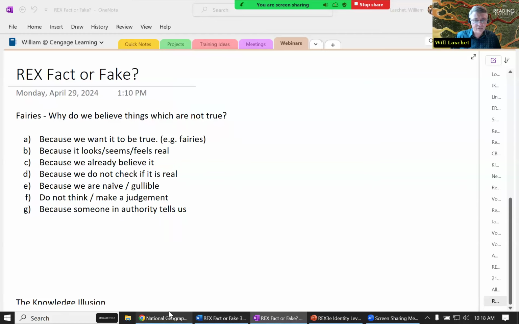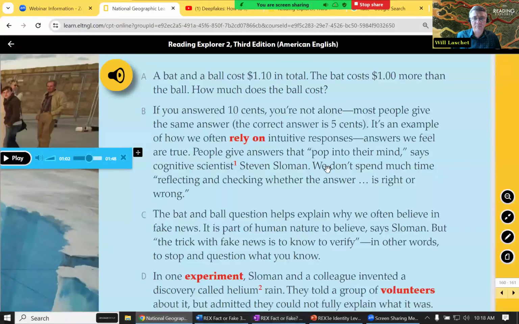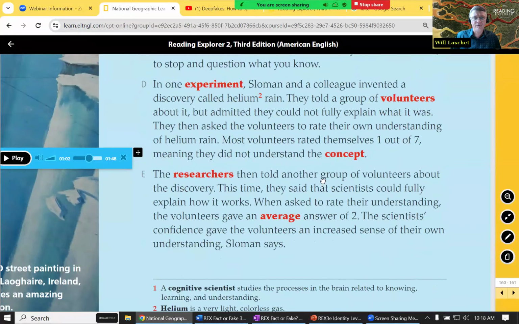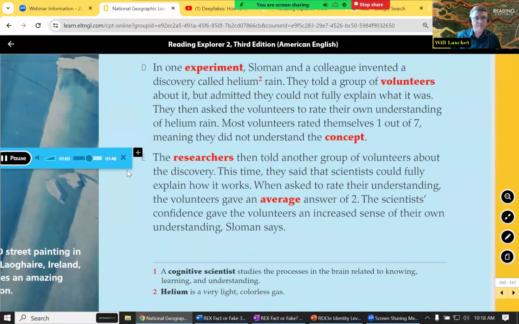Right, let's go back into our reading and we're going to find out a bit more. So let's go on from paragraph D. One experiment, Sloman and a colleague invented a discovery called helium rain. They told a group of volunteers about it, but admitted they could not fully explain what it was. They then asked the volunteers to rate their own understanding of helium rain.